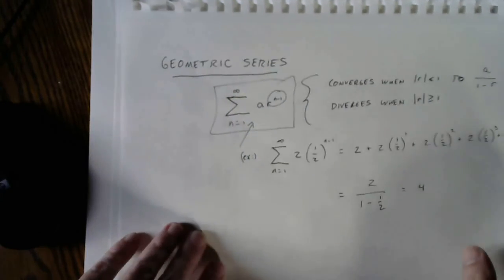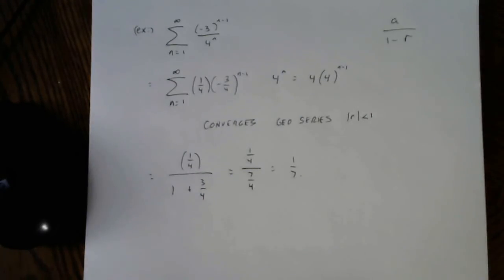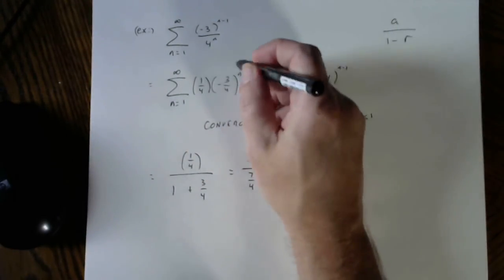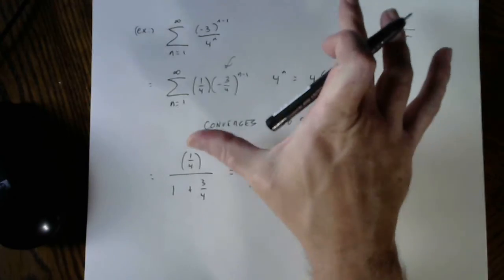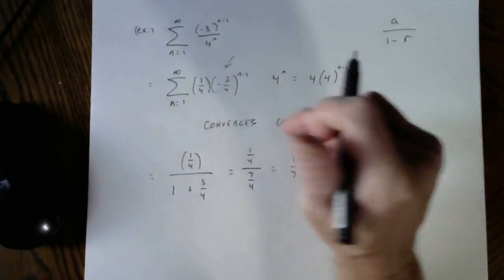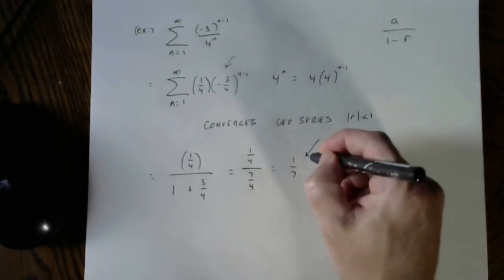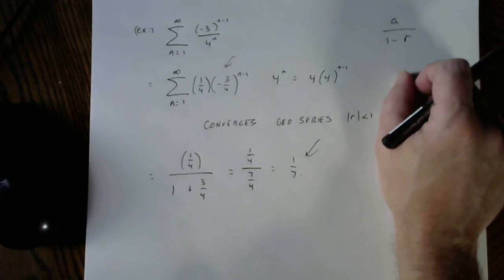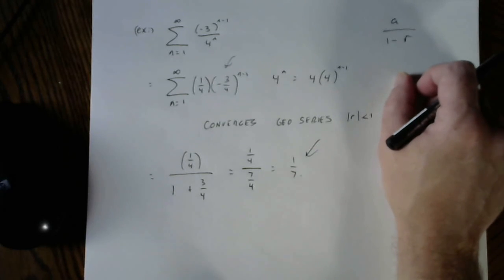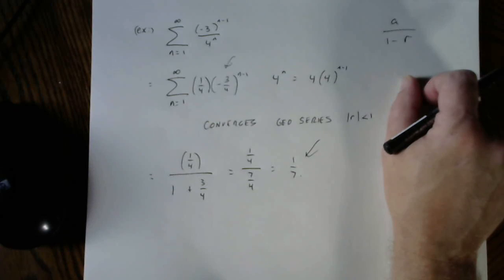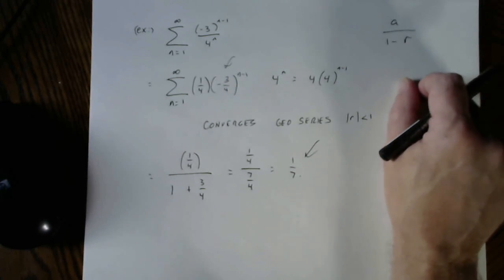And if you're wondering why, one of the main reasons is if you get halfway there, maybe you can identify the R, but if it's not in the correct format, you're very likely to have the wrong A, which means you're going to have the wrong sum. Okay? So work through those. I think students kind of like these problems. They're not too bad. And next we'll go to the divergence test.